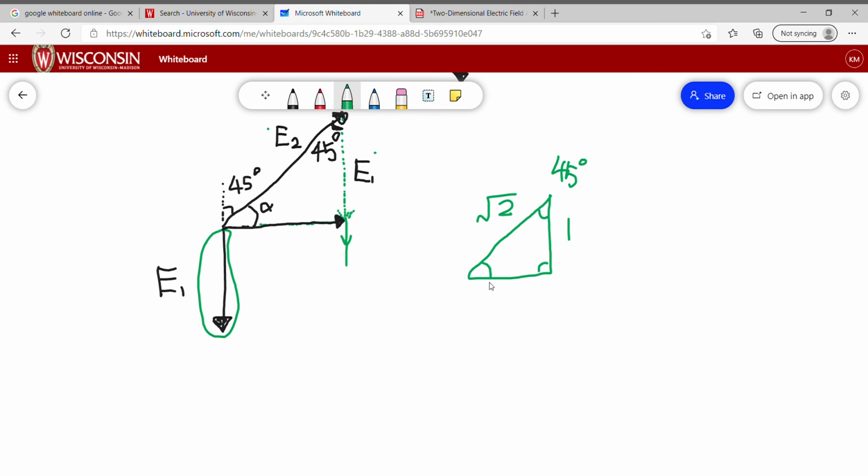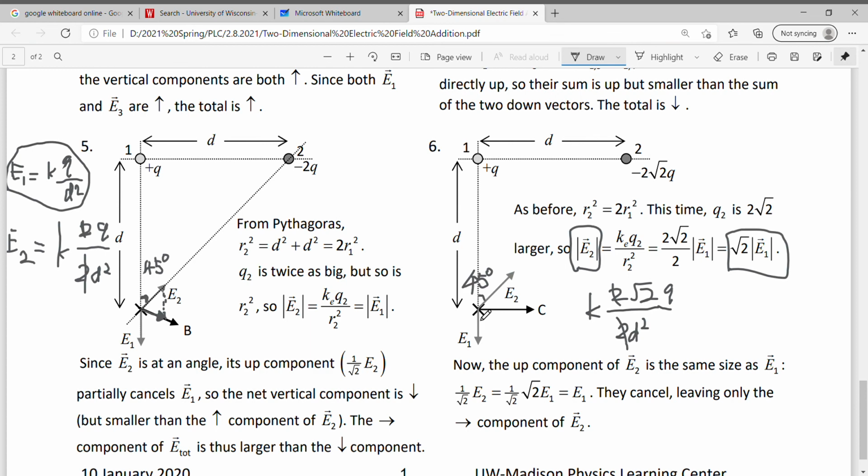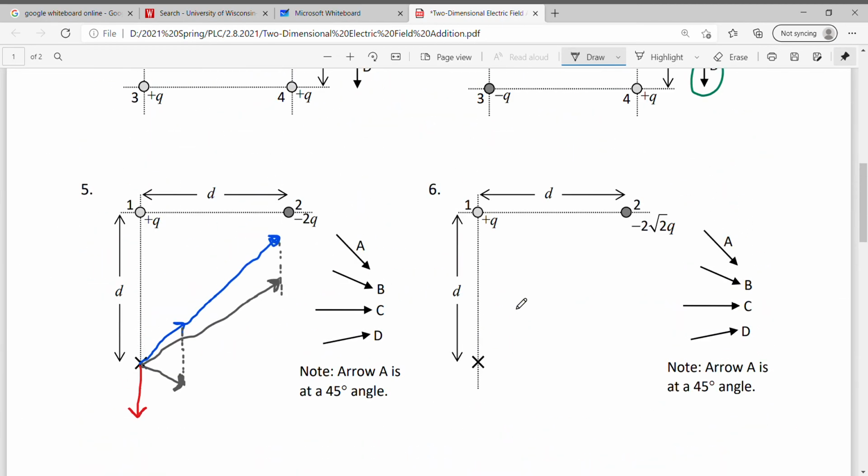It's a fixed triangle, so it has to be 45 degree here, and it's a right angle here. So now we know that this vector sum will be pointing to the right. So here we should choose C, and this we choose B.